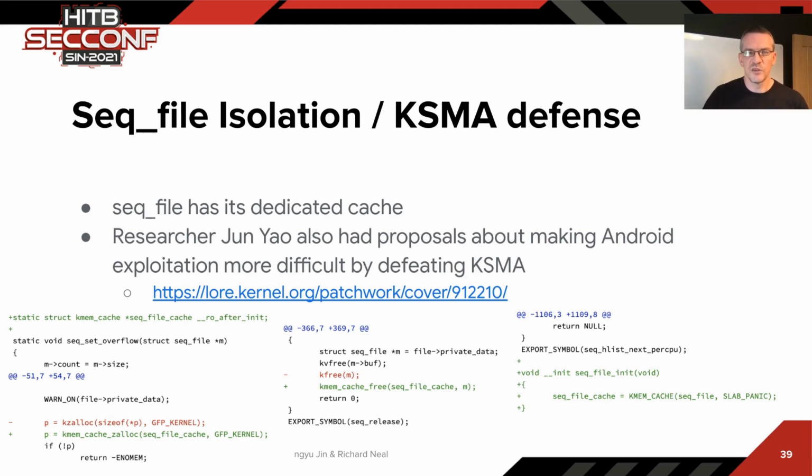Later on in the exploitation process, overriding seek operations was used to demonstrate control of the instruction pointer. Seek file has been used in many Linux kernel exploits. Moving it into a dedicated cache would obviously make techniques such as the ones mentioned earlier stop working, as it would not be possible to confuse seek file structures with other structures. This would have some impact on memory usage.